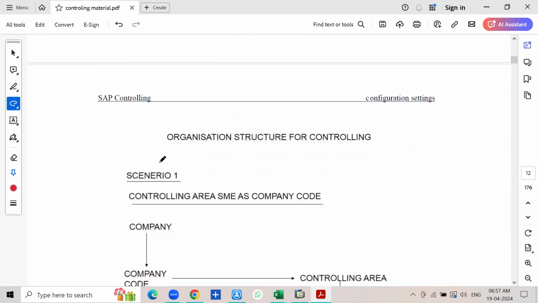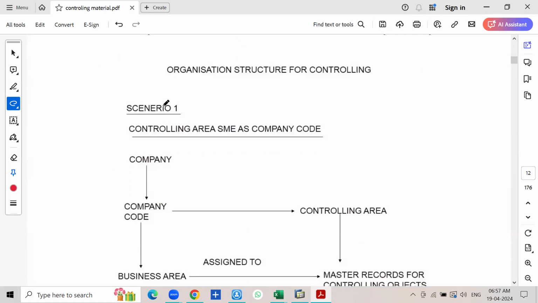Now see like this. Scenario 1, controlling area same as company code. We have the company group, and under the group, under the company, we have multiple company codes, right? Then for each company code, you maintain a separate controlling area. Means one-to-one relationship. One company code is assigned to one controlling area only, right?